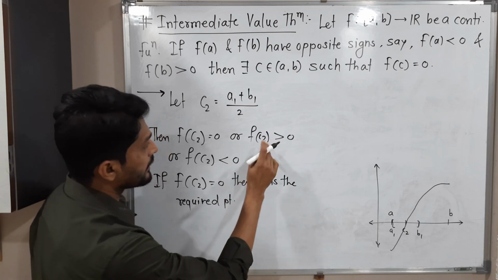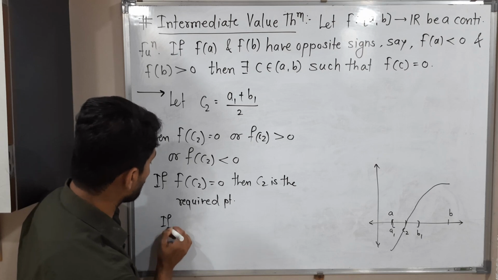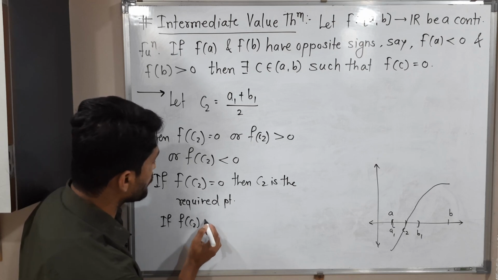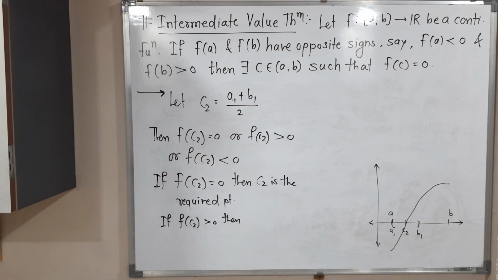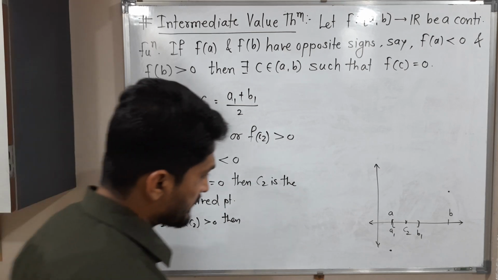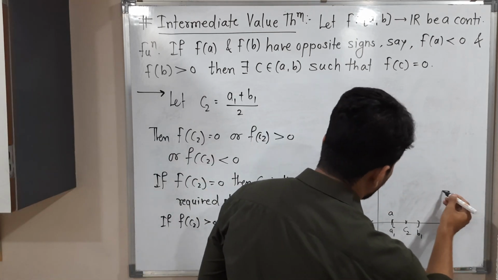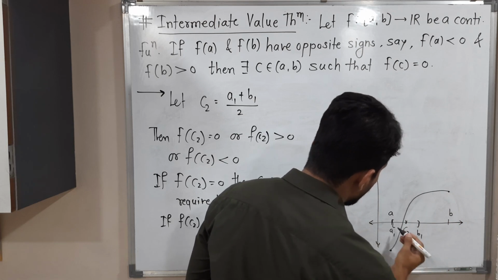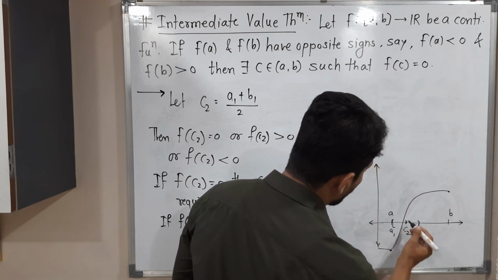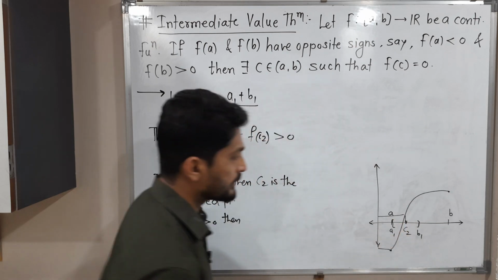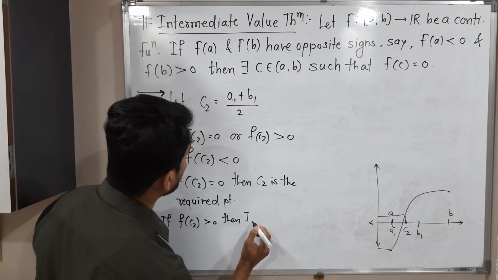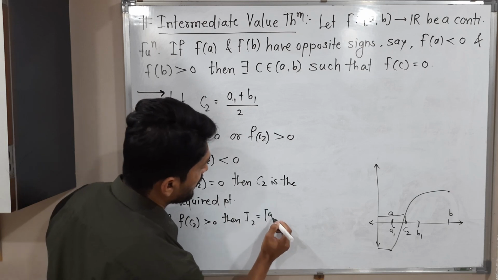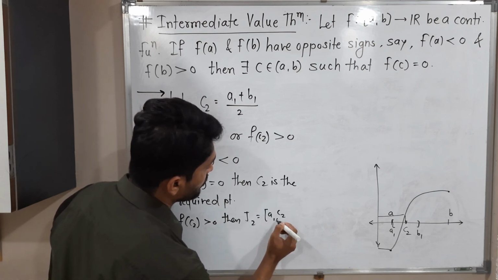So now we need to consider the remaining two cases also. If f of c2 is positive, then the case will be like this. That means at a1 the function has negative value, but at c2 the function has positive value. So in that case we need to consider j2 equal to a1 comma c2, getting?